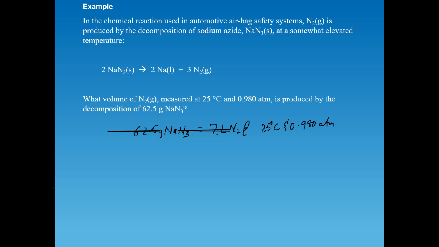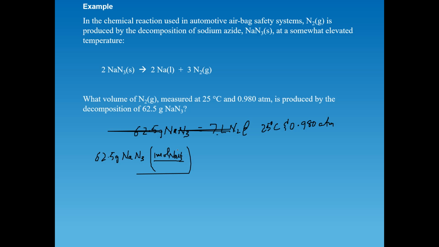All right? So the first thing I would do is start off with the 62.5 grams of sodium azide, and then I would convert that to moles. So you're going to need the molar mass. So 1 mole of sodium azide will go above.